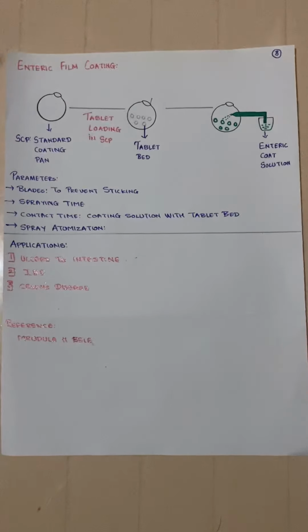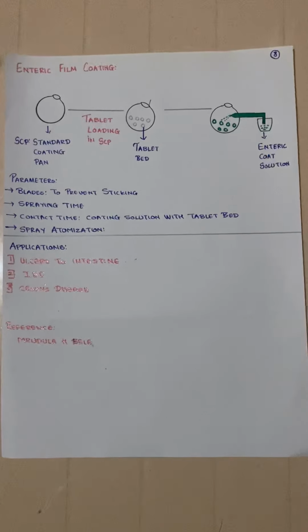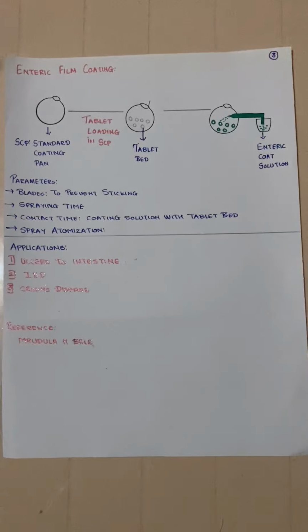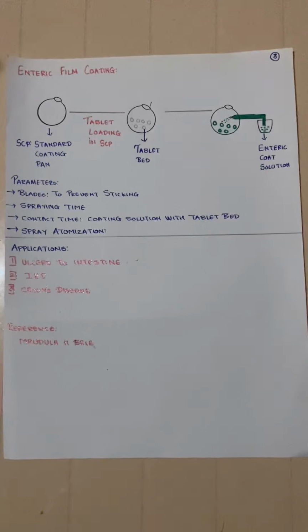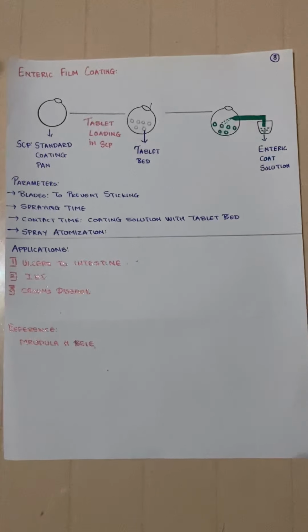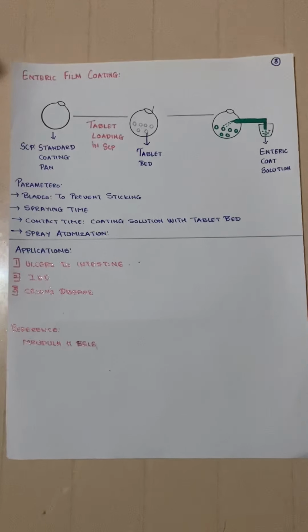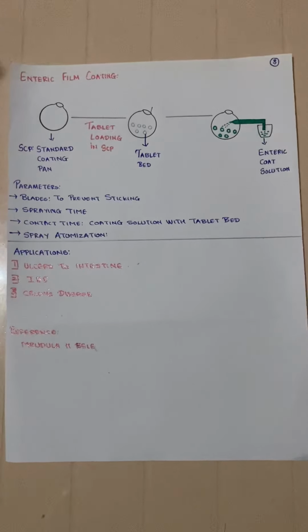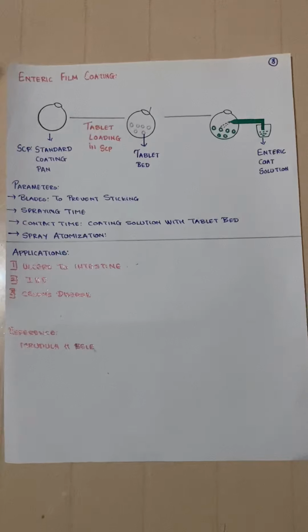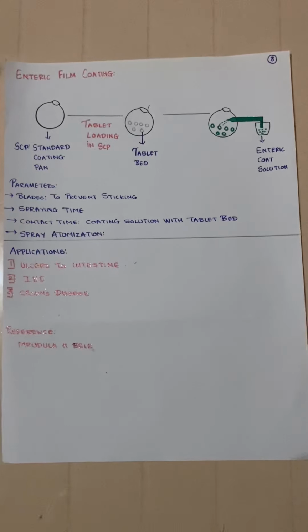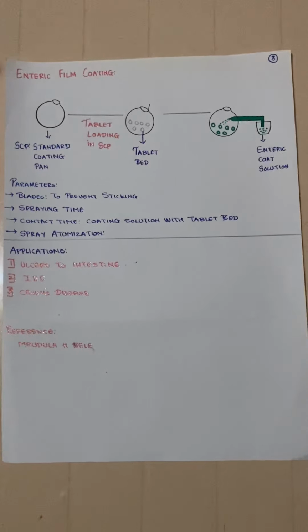Certain parameters have to be taken into consideration while developing an enteric coated tablet. First, it is always beneficial to use coaters which have blades, which prevent tablets from sticking to each other. The process of twinning is prevented. Second is the spraying time, which should also be optimized.